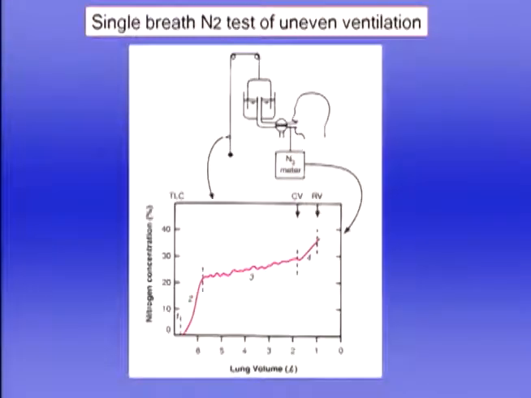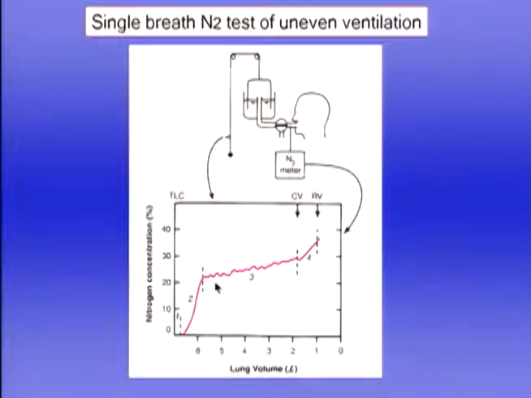Another test that's very useful sometimes is the single breath nitrogen test of uneven ventilation. The patient takes a vital capacity breath of oxygen and then exhales slowly to residual volume. And the nitrogen concentration is plotted against lung volume. Initially, there's not much nitrogen in the expired gas because of the dead space, but after that's been washed out, we see what's called the nitrogen plateau, which is often nearly flat in normal subjects.